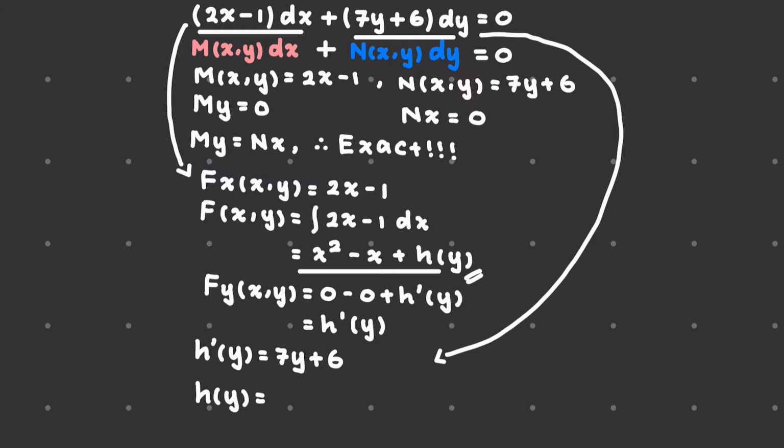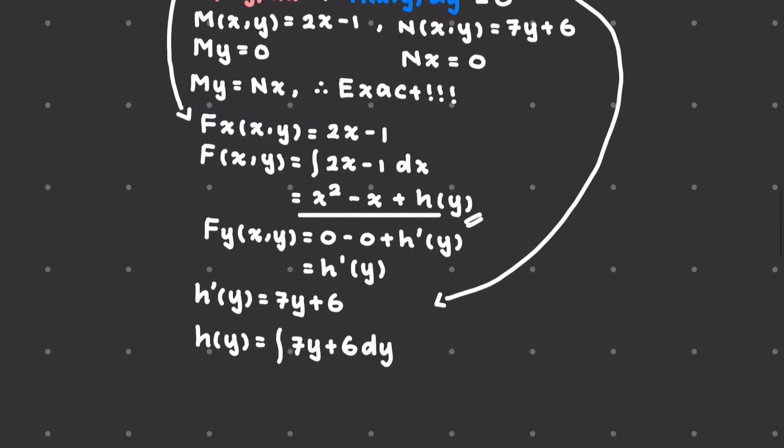So h(y) equals the integration of 7y + 6 dy, and this integration gives us 7/2 y squared plus 6y plus c. Don't forget the constant here, because when you're integrating something without bounds, there should be a constant.